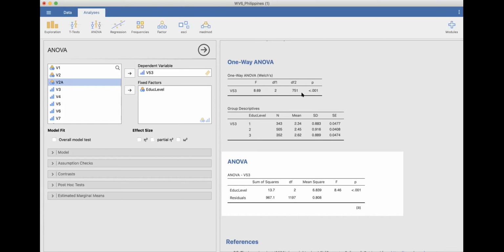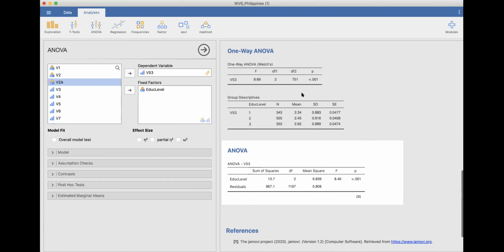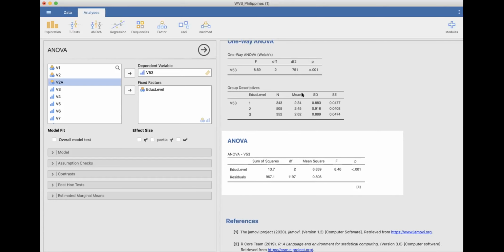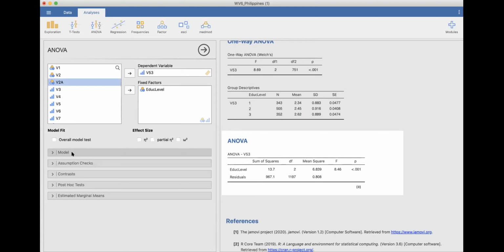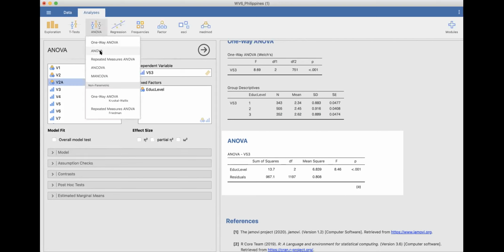Slightly different from last time. I wonder if it's because the test that they're using is different. Okay, so let's use this ANOVA first, so we're uniform.